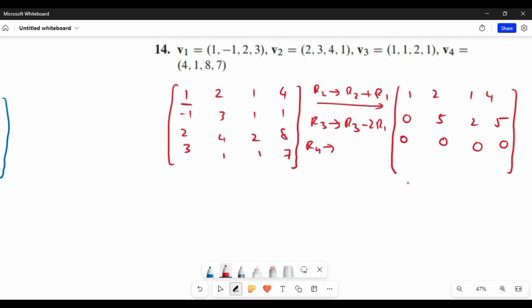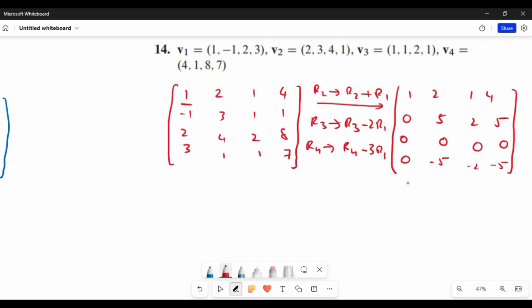Formula for R4 will be R4 minus 3 times R1. This is 0, 1 minus 6, minus 5, 1 minus 3, minus 2, 7 minus 12, so minus 5. Identical to row number 2, isn't it?